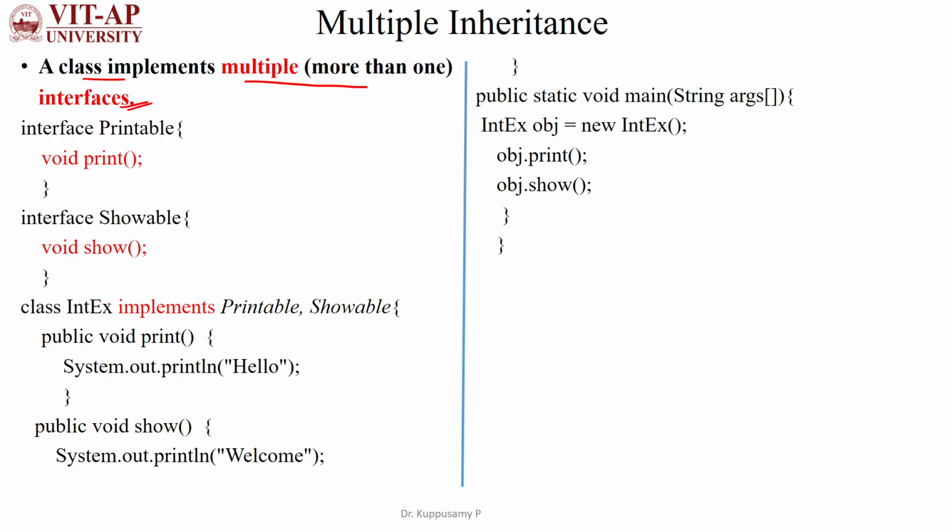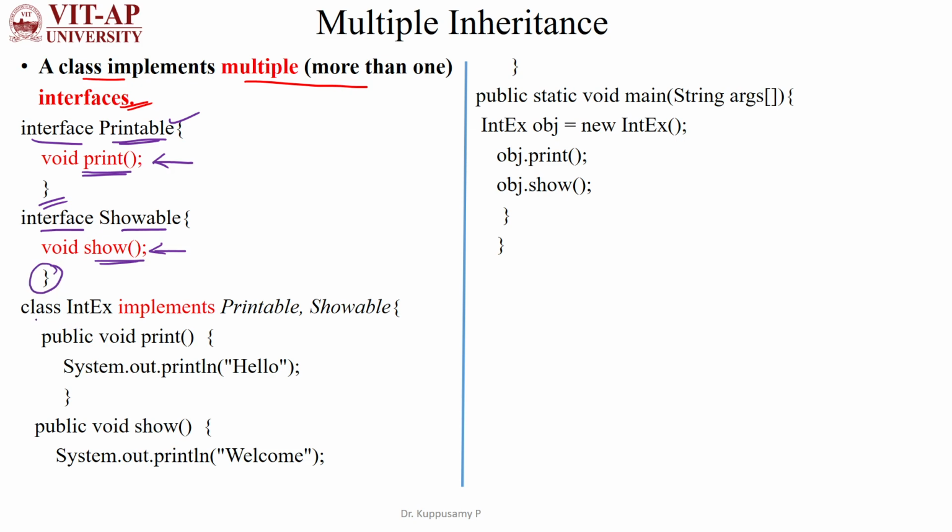Interface 1 is named Printable, which has the abstract method print, and then interface 1 is completed here. Then interface 2, Showable, starts here and defines the abstract method show, and then is closed here.